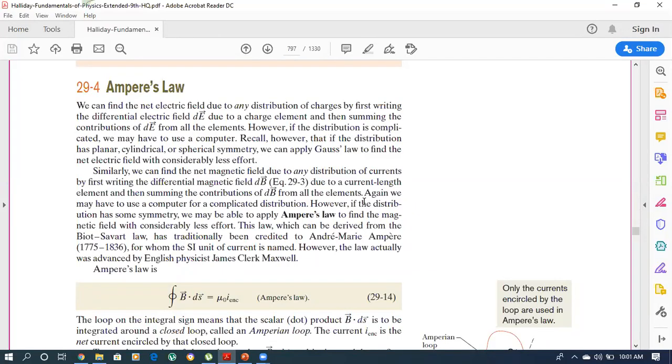Now, Ampere's law is also used for the calculation of magnetic field. But before going into the details of Ampere's law, try to remind yourself about Gauss's law. Where do we apply Gauss's law? Does anyone remember?